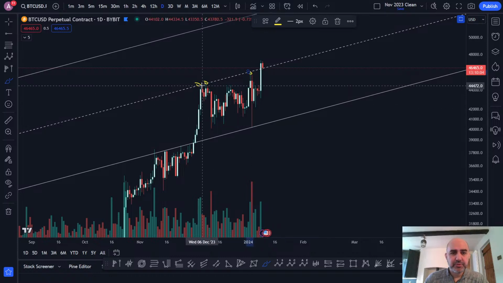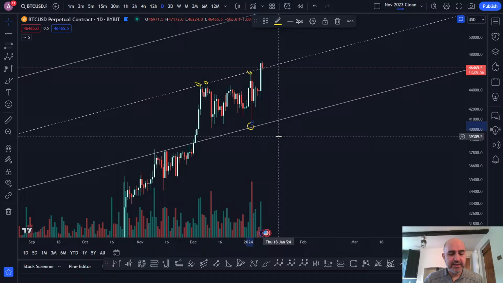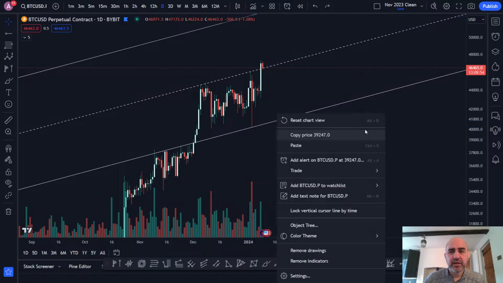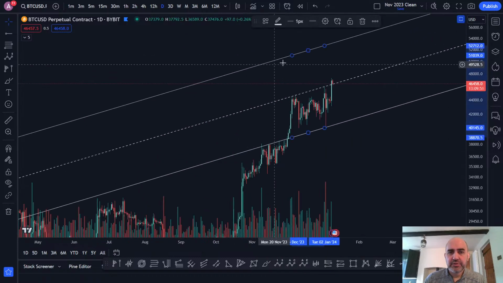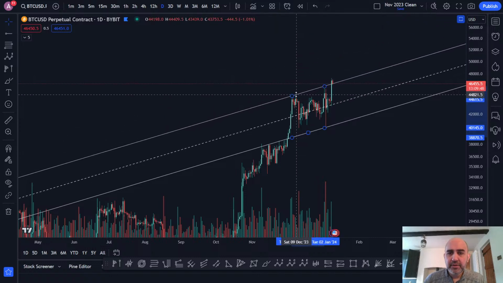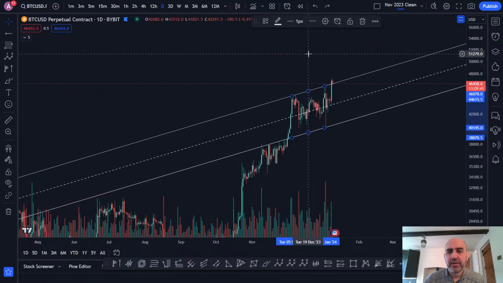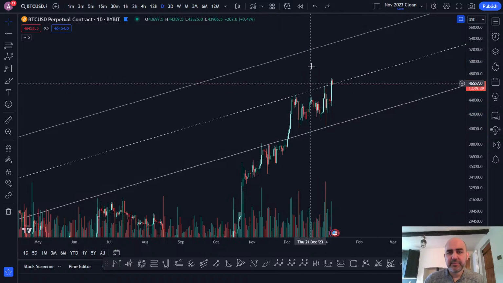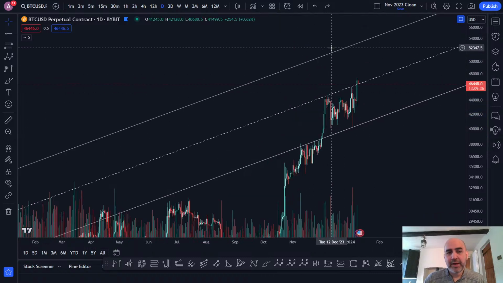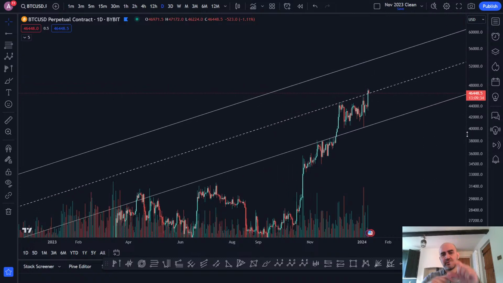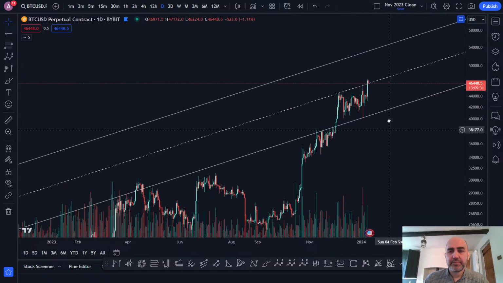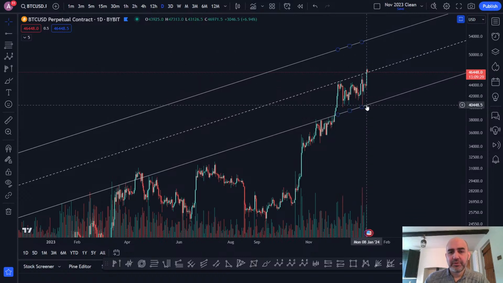But on Bybit these three match perfectly, and then you line it up with this to get the parallel line. Initially I used the top, and then when I saw that it had come up and broken, I moved it so the midpoint lines up, so I can get the upper range of this channel, because usually these channels are even above and below.